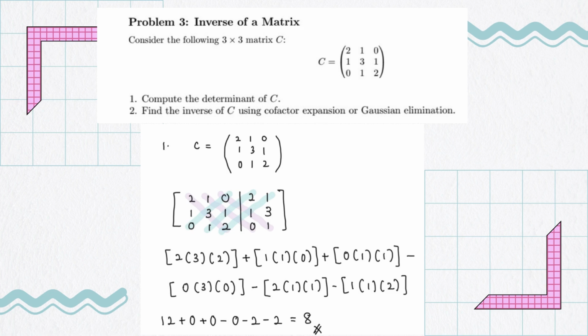After that we get the products, which is 12 plus 0 plus 0 minus 0 minus 2 minus 2, and we get the determinant of matrix C is equal to 8.